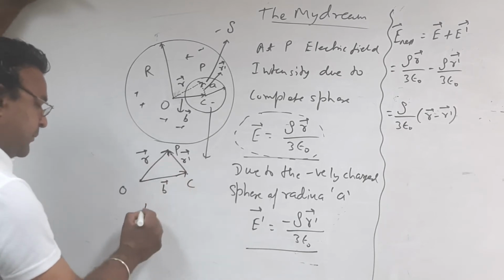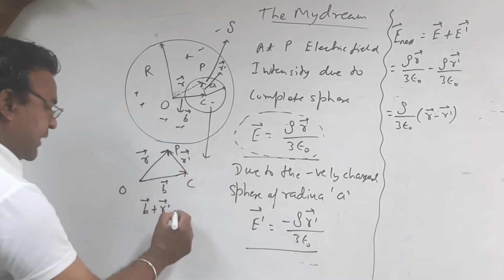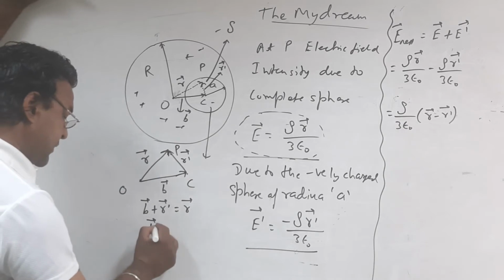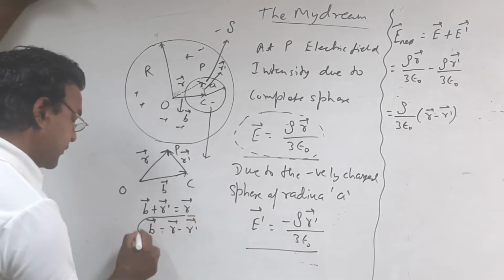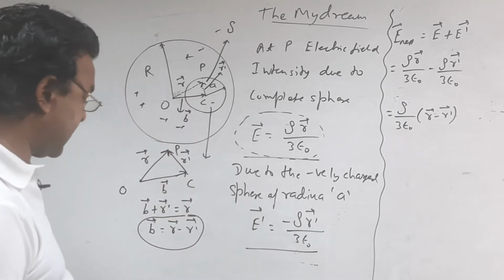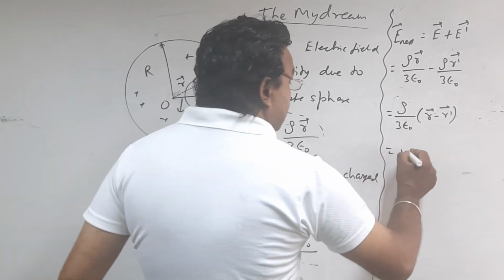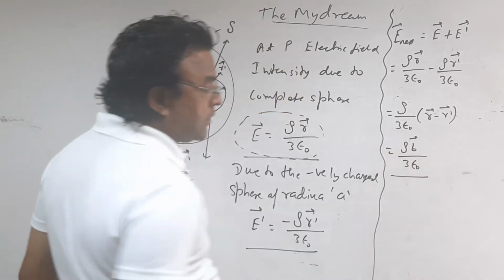If we add them, B plus R dash is equal to vector R. Then this vector B becomes R minus R dash. Now there is a wonderful result. You can see that R minus R dash is a constant vector B. This is rho B upon 3 epsilon naught.